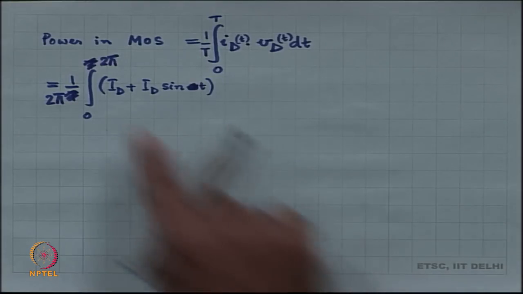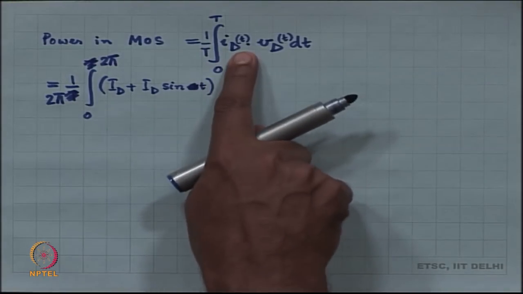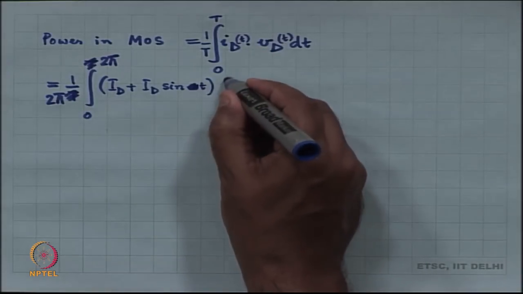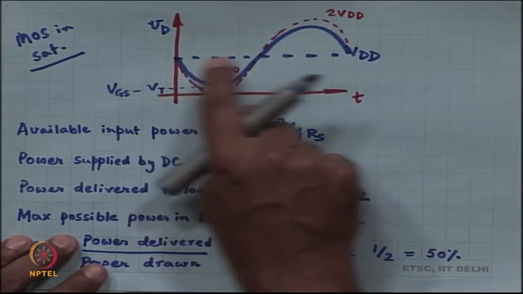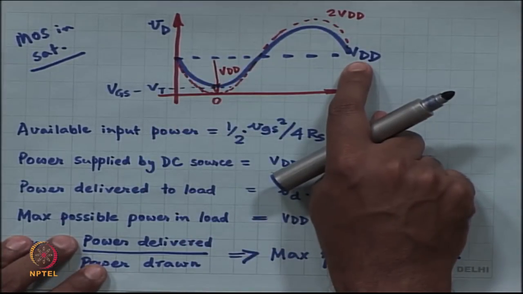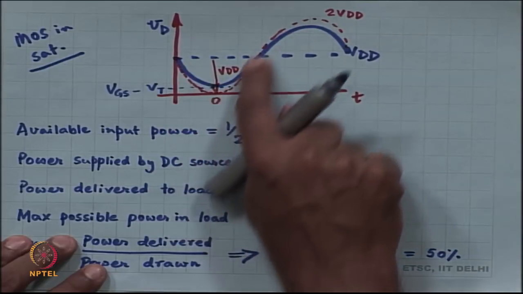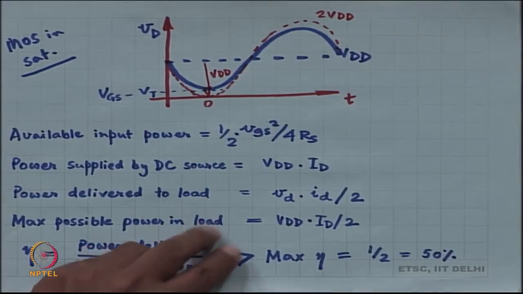Okay. So, this is i_D of t, and then v_D of t, what is that? v_D of t likewise is capital V_DD minus capital V_DD sin omega t.